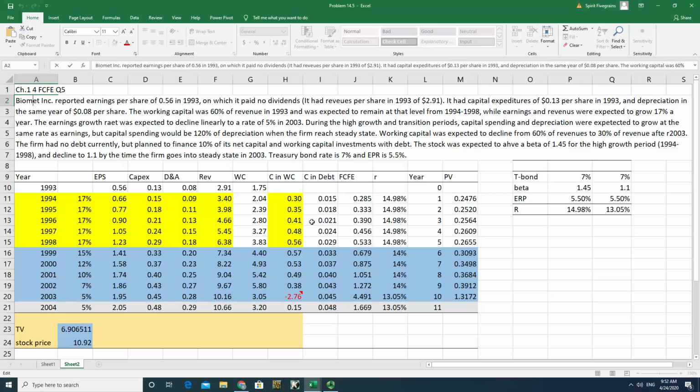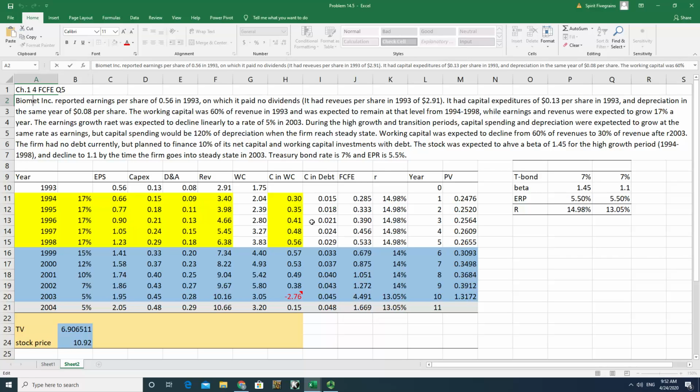It was expected to remain at that level for the next 5 years, when earnings and revenue were expected to grow 17% a year. Earnings growth rate was expected to decline linearly to 5% in year 2003. So there's another stage between 1999 and year 2003.